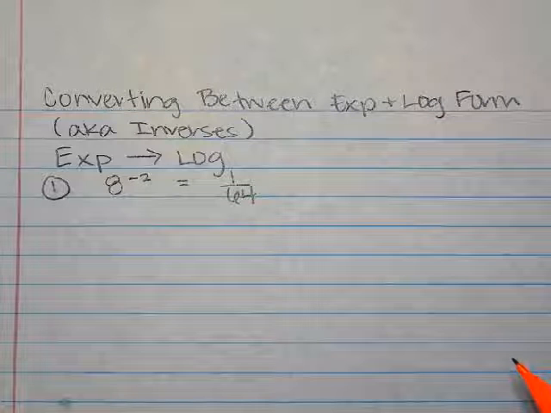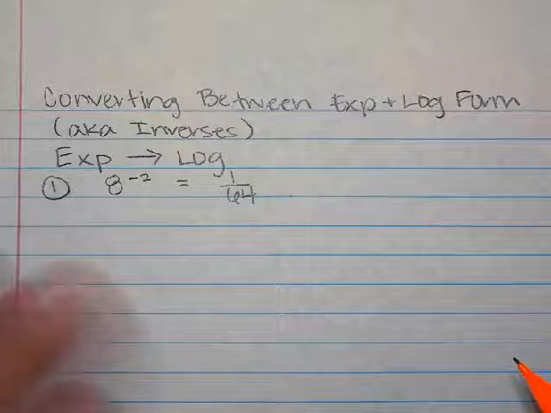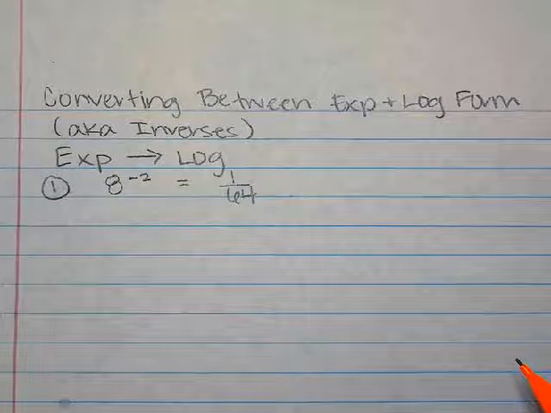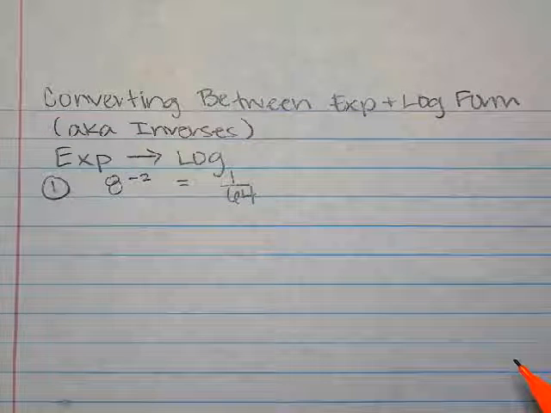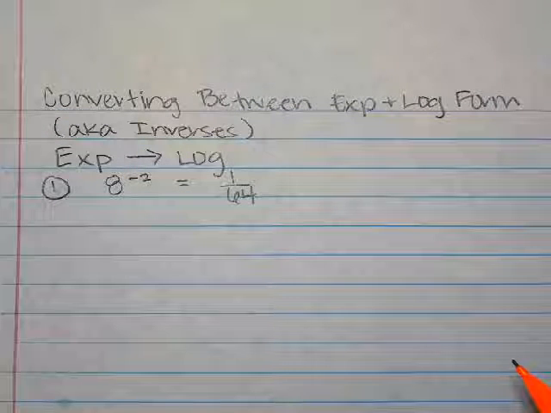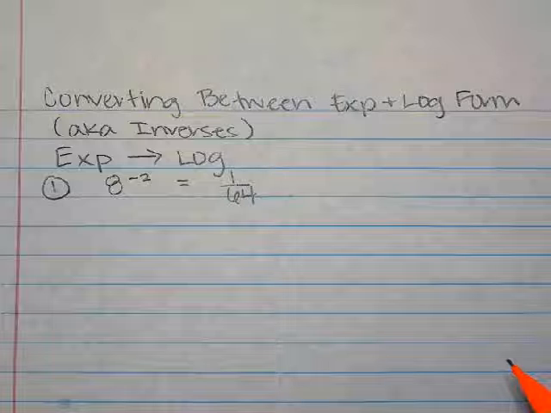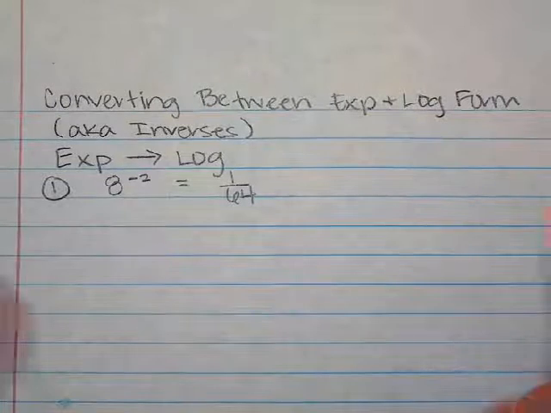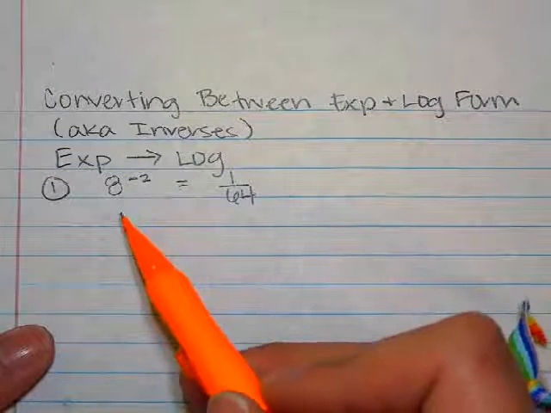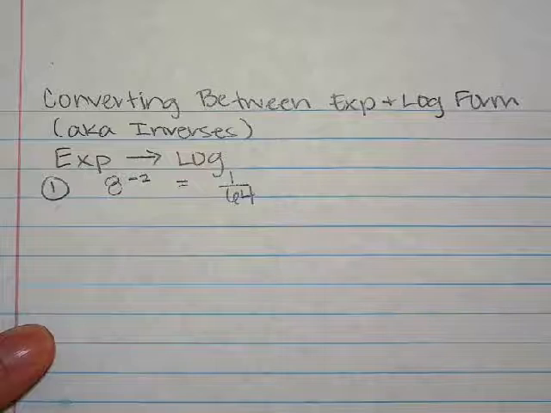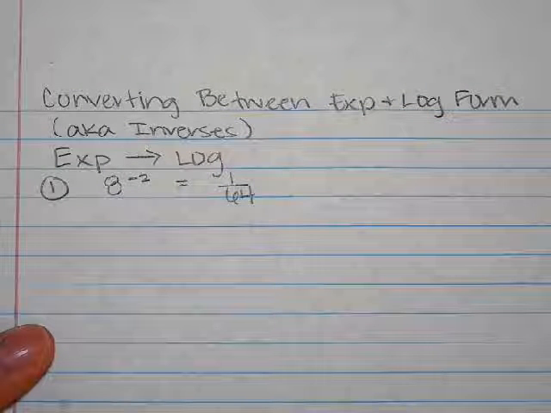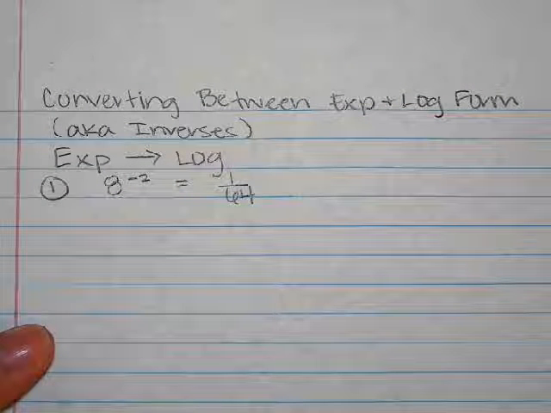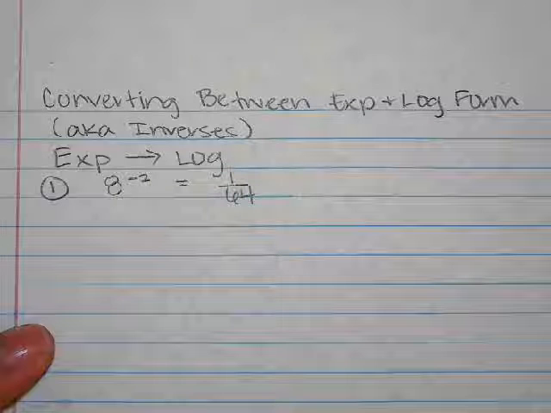So if you wanted to convert this into an equivalent equation that was written as a log instead of written as an exponent, you would just have to undo the base. And we can do that because exponential form and log form are opposites of each other. So you just have to think, what is the opposite of a base of 8? It is a log with a base of 8.